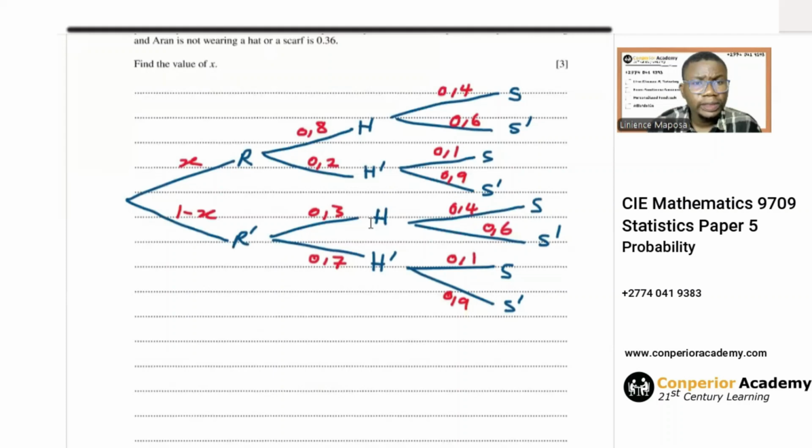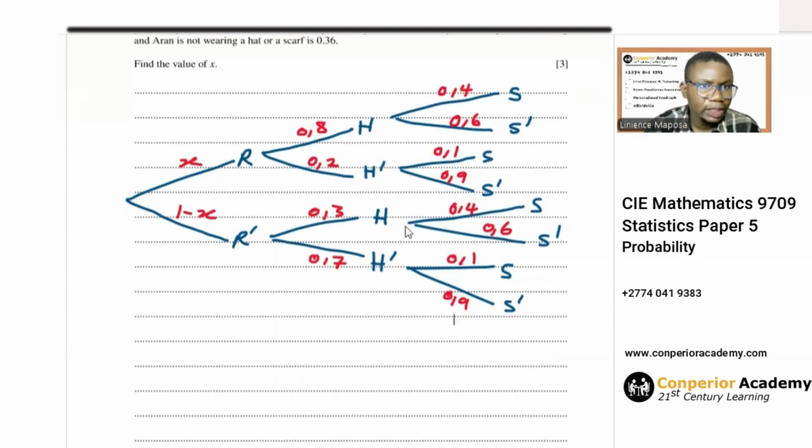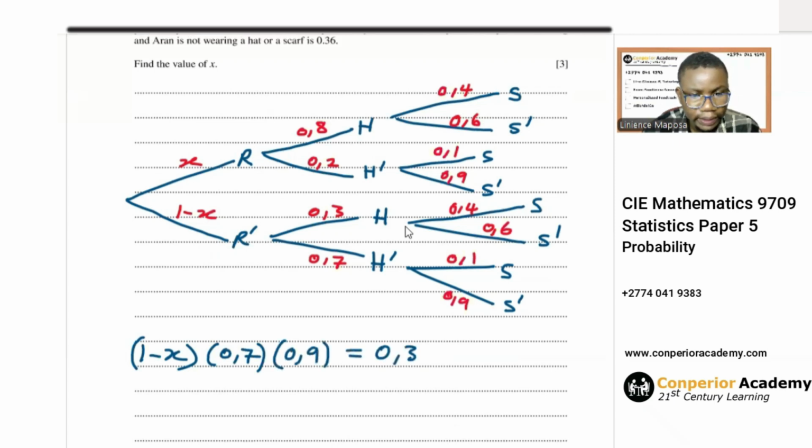Now we can use the last statement there that says the probability that on a randomly chosen day, it is not raining, and Aaron is not wearing a hat, and he's not wearing a scarf. So not raining, not wearing a hat, not wearing a scarf, that is the last branch. So we are saying 1 minus X multiplied by 0.7 multiplied by 0.9 will be equal to 0.36.